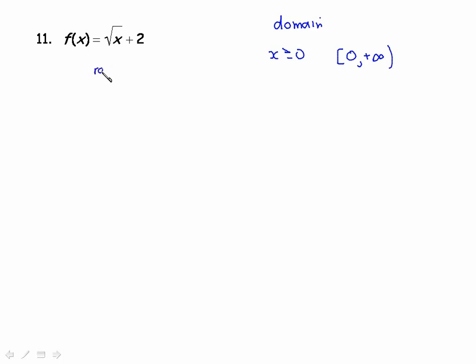Now the range, I'm also going to use simple reasoning power, because the algebra is a little tricky on this one. So what I would recommend is that you think about what the graph looks like. A square root graph with a vertical translation of 2 upwards. So in fact, the range is y is greater than or equal to 2. So 2 upwards forever.